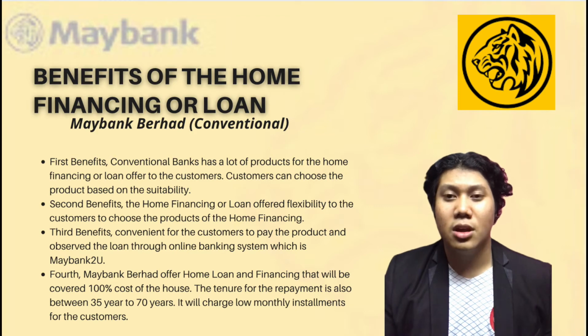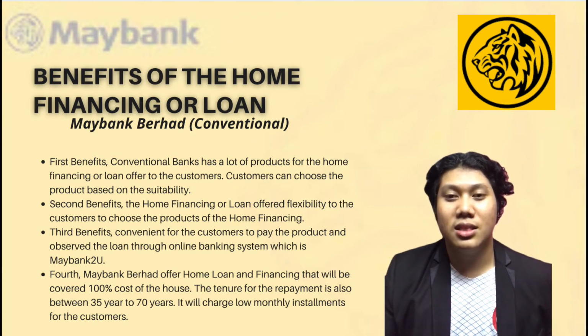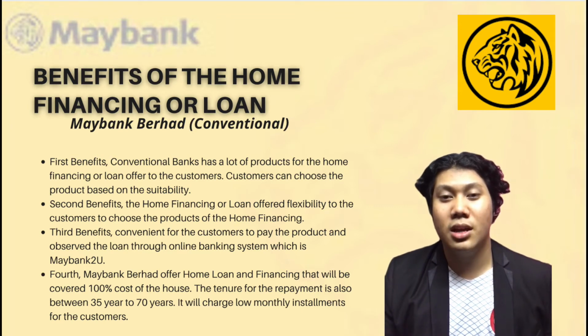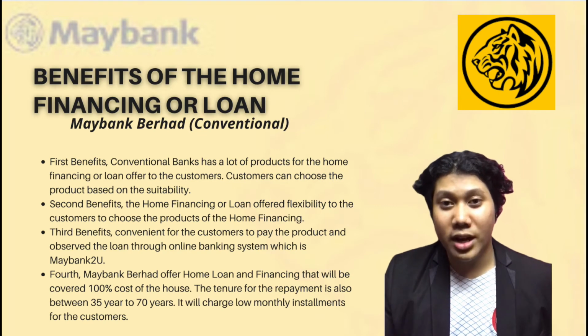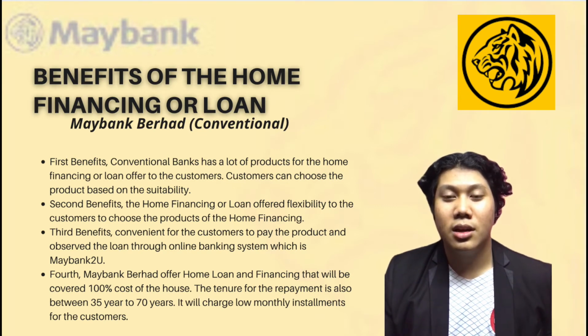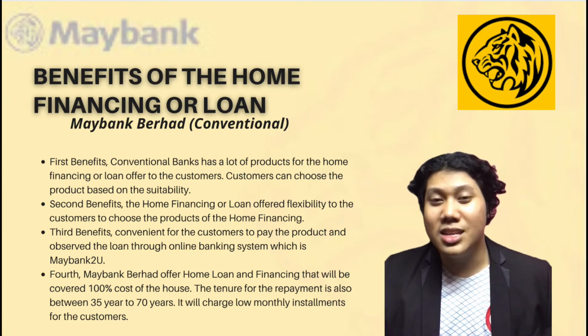Next, another benefit of Maybank Berhad home financing is the tenure. When you apply for home financing and the conventional bank of Maybank surveys your application, if you get approved, your tenure is about 35 years to 70 years.